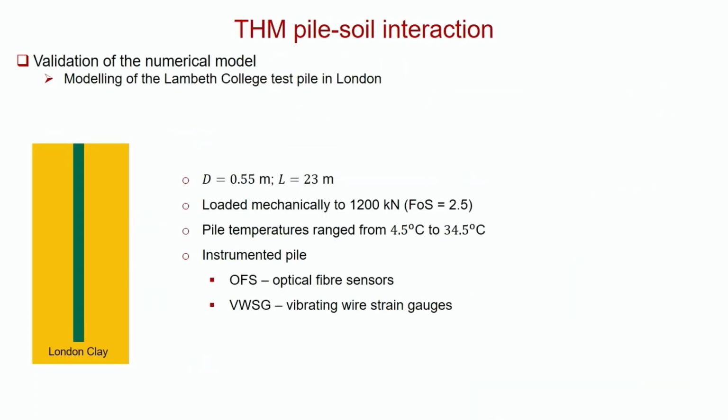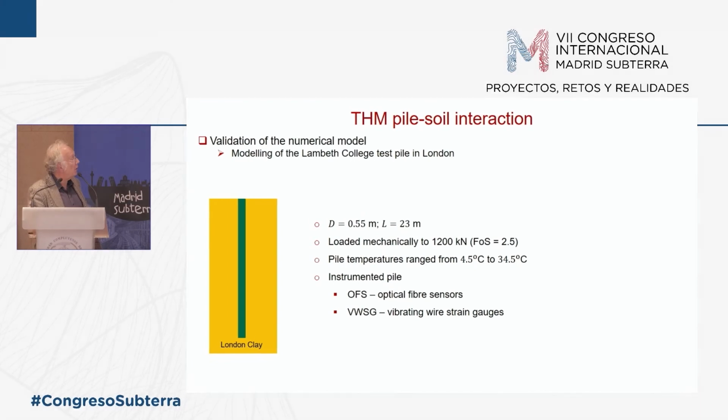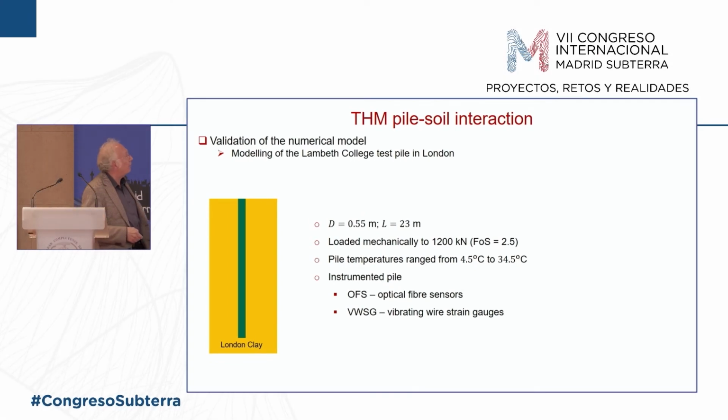So just going back, keeping with this single pile, that was actually a result of an experiment that was done in a field test in the UK, where they took a pile of these dimensions, they loaded it to a mechanical load of 1200, which is a load factor of safety of 2.5, and then they applied the temperatures.